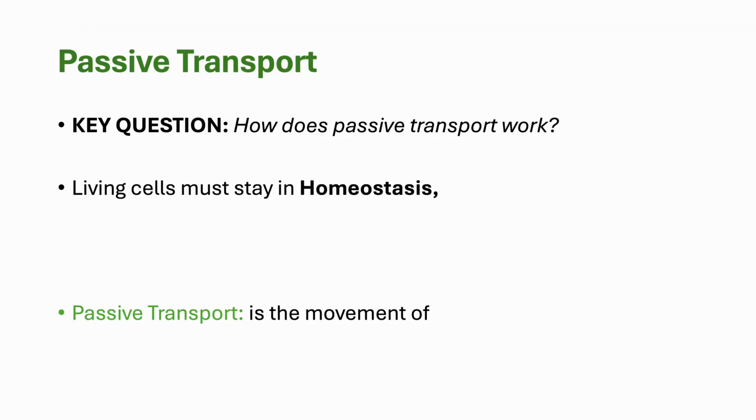So we're going to start with passive transport. How does passive transport work? Living cells must stay in homeostasis. We've talked about homeostasis before, but this is a state of relatively constant internal conditions.